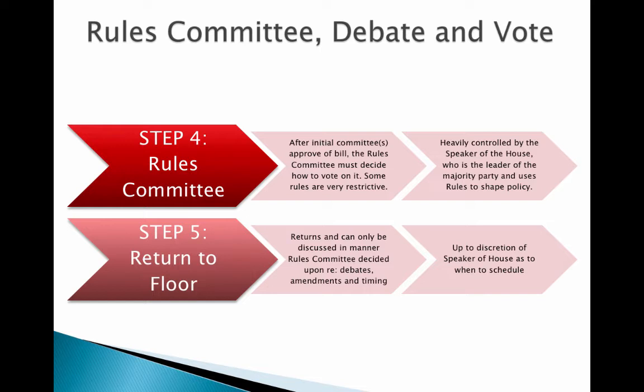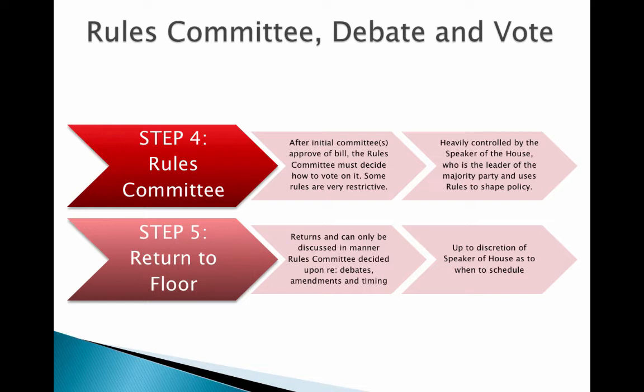So the Rules Committee is kind of a place at which you can clamp down on action on a bill, or you can kind of open it up, and opening it up often means stalling it. So in the Senate, the Rules Committee does not serve the same function. However, the Majority Leader essentially does the same thing. But we'll talk about some differences in a minute. So, you've made it through the Rules Committee.